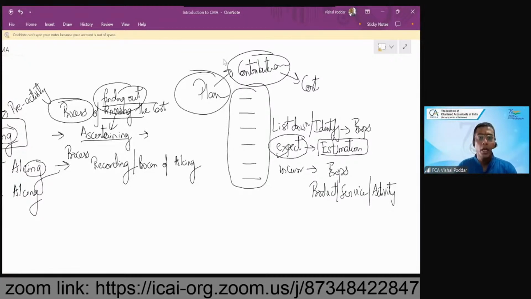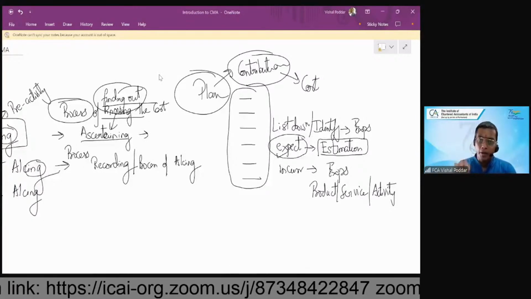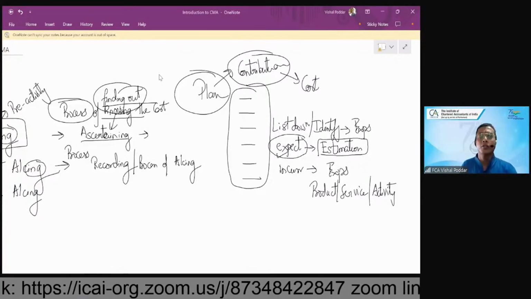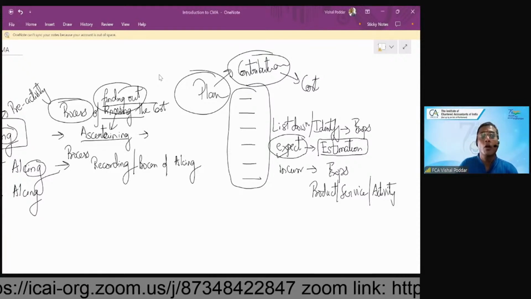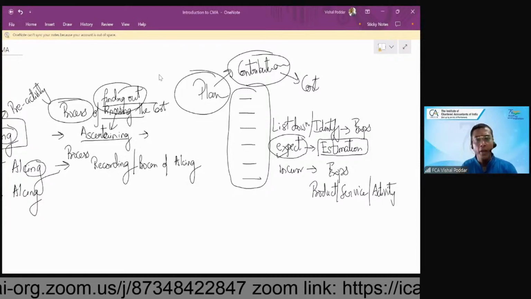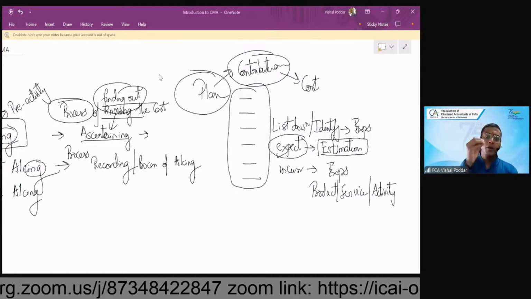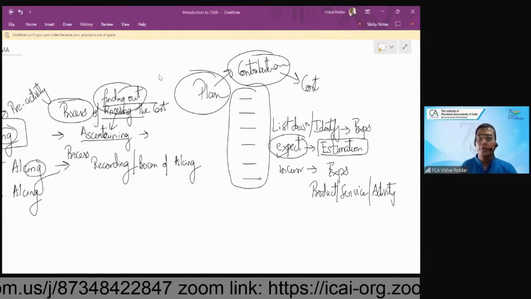Now all these sectors are mainly with the intent of earning profit, and even where the intent is not earning profit, costing is still needed. Many times people say that costing is only for profit-making bodies. Sorry, that is not the case. Costing will be required anywhere where you need to determine the price, when you need to find out the cost. We are going to see what is the object of costing, etc.